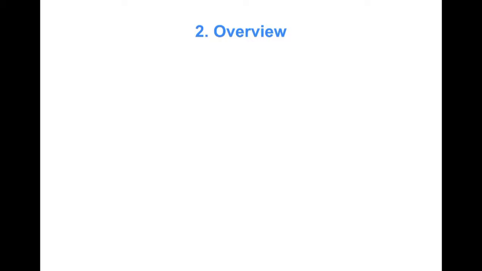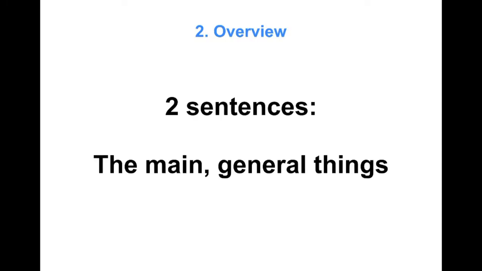Well, my advice is this is very important, so I give it 2 sentences. And in those 2 sentences, you're looking to explain or describe the main general things. So look for 2 main things, 2 main points. You'll see what I mean in more detail when we actually do some questions later on this course.